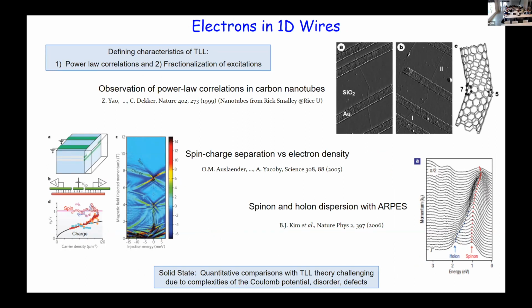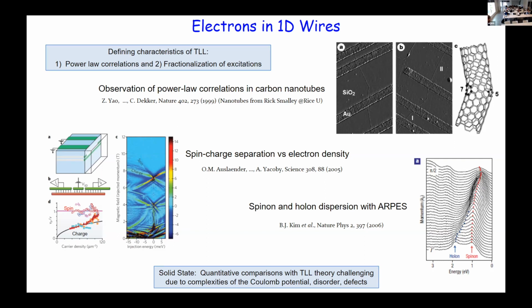This is ARPES. This is spin-charge separation as a function of electron density. This plot here showing the speeds, inverse speed, arise because of the change in the density of the electrons in these one-dimensional nanowires.